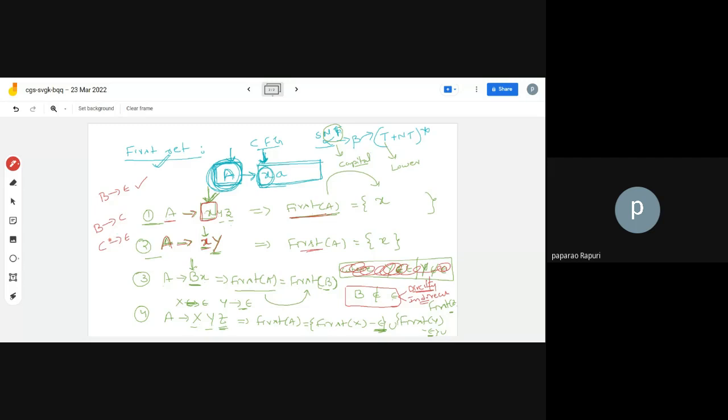Here, by replacing C with epsilon, B is producing epsilon. So this is the indirect case.